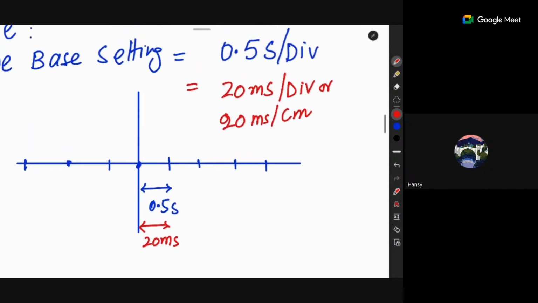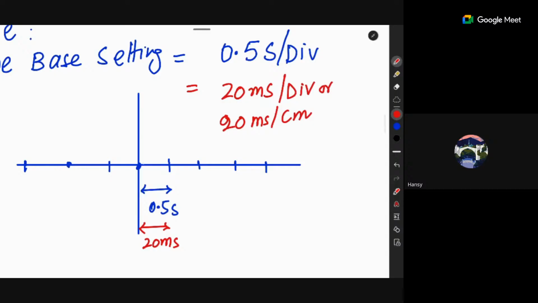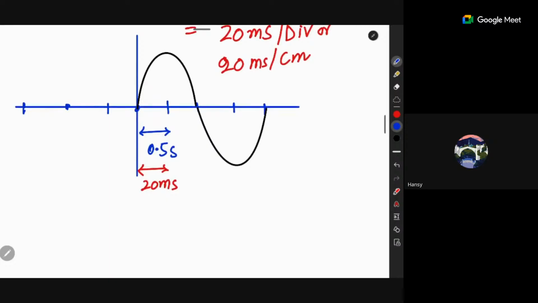Okay, so this oscilloscope basically tells us this way. So this means that if I have a wave and that wave comprises of four divisions, what will be its time period? Can anybody tell me? Two. What will be its time period? Its time period will be 2 seconds.